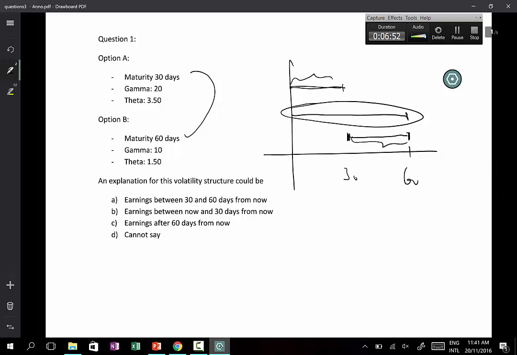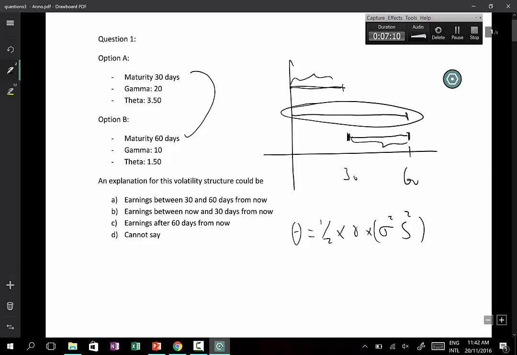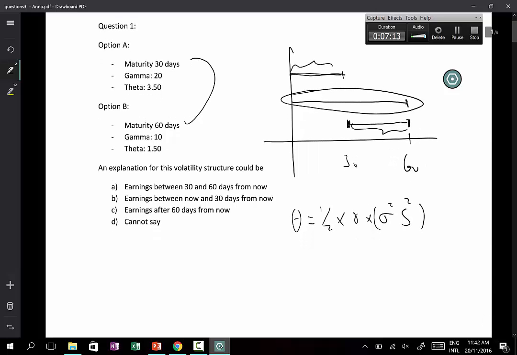And in fact, what you can do is, if you recall the formula, the time decay is equal to a half times gamma times sigma squared S squared. Then you can deduce that for option A, let's just assume that the share price is $1.